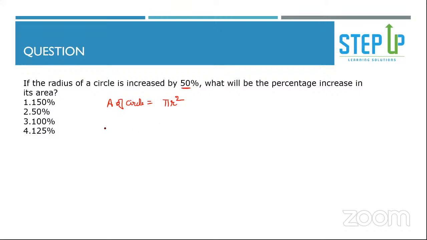Now the new area will be pi into 1.5 r square. All right. So pi r square, and then we have to take 1.5 square also. What is 1.5 square? Yes, answer is 125%.